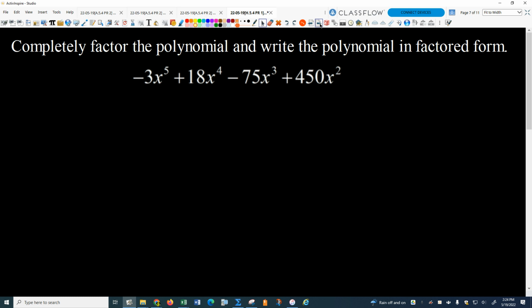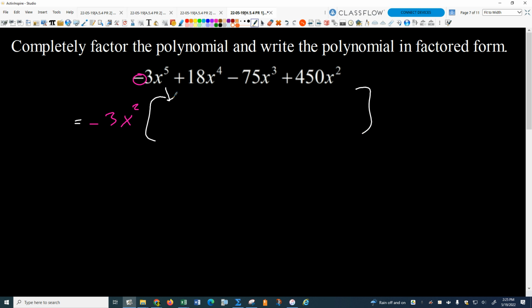And remember, when we're undistributing a GCF, we're always going to keep the sign of the leading term, right? So we're going to undistribute a negative 3x squared, and then what's left behind is going to be a 4-term polynomial that will factor by grouping. Maybe. We'll check and see if it's going to work.